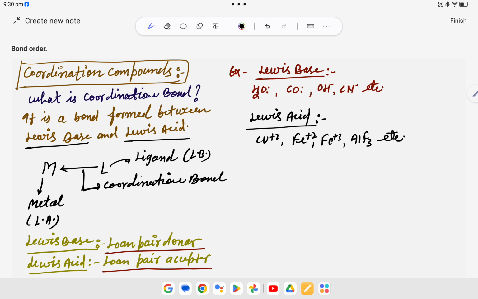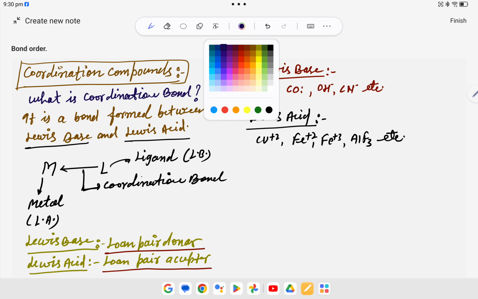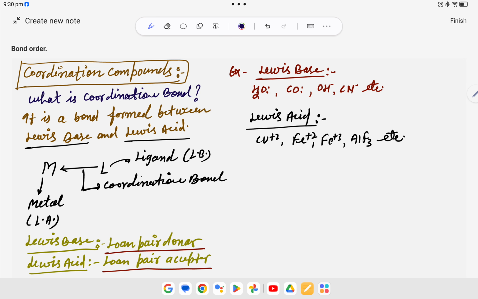So here children, Lewis acid will work as an electrophile, and it will be the central metal atom.